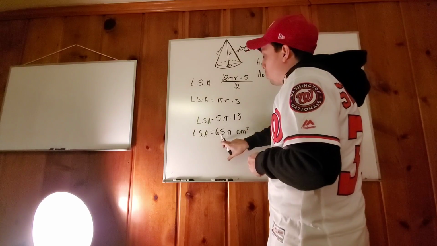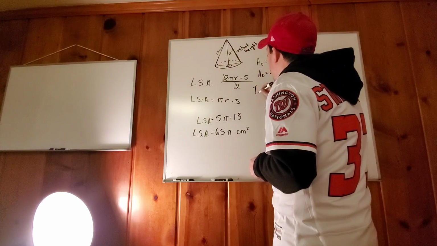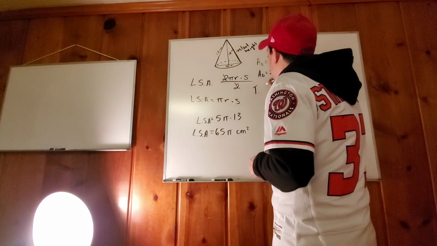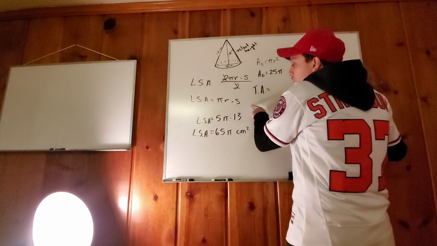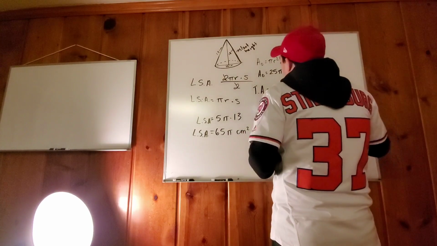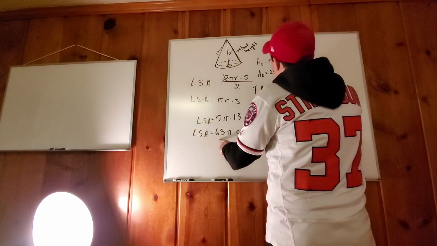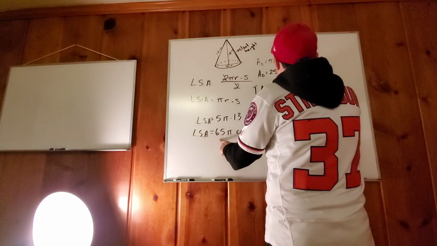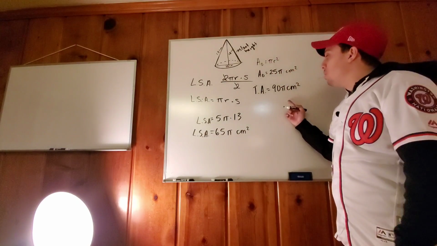So 25 pi plus 65 pi, the total surface area, is 65 pi plus 25 pi centimeters squared, and so it's going to be 90 pi centimeters squared.